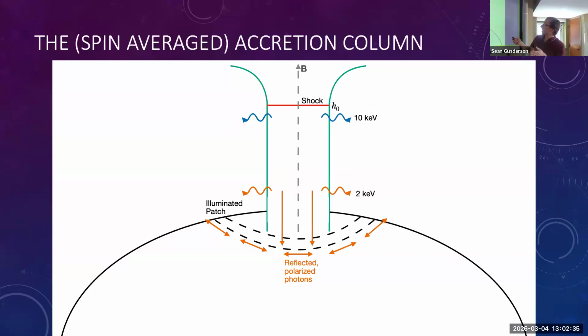This is why I called this a spin averaged accretion column, because when you go through the detailed simulations that have been done on EX Hydrae, it turns out you get a horseshoe shaped curtain around the pole, but I can't say that is what I see because I don't know exactly what the time dependent data would say. So I have to just do the spin average, in which case you get a column because it'll smear itself as it spins in a circle.